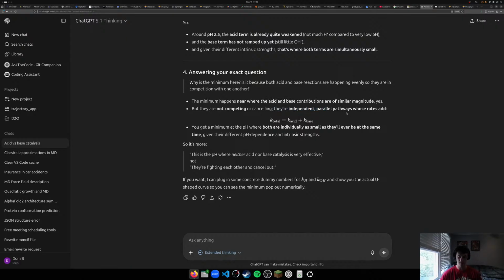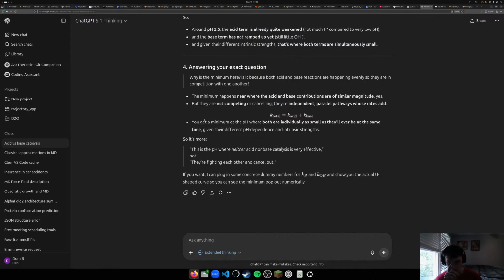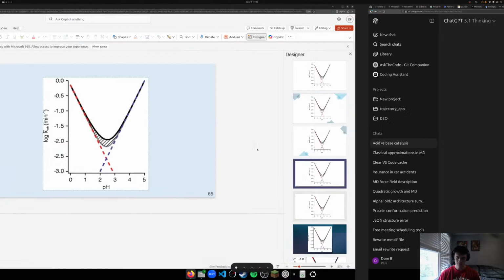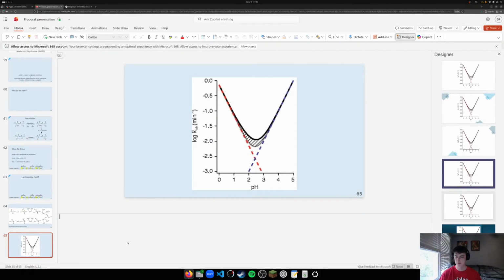So there are independent parallel pathways. You get a minimum at a pH where both are individually as small as they'll ever be at the same time, given their different pKa. That's actually pretty interesting.